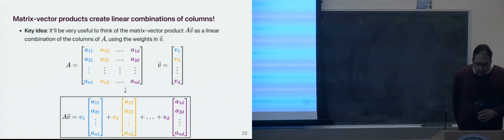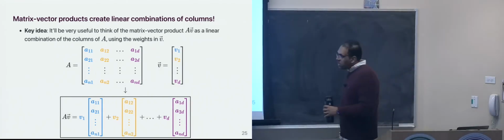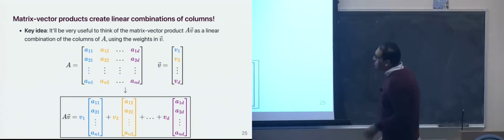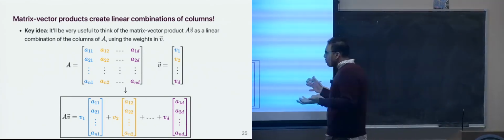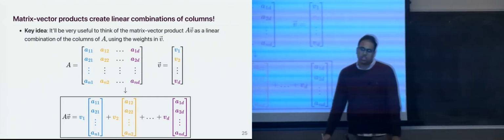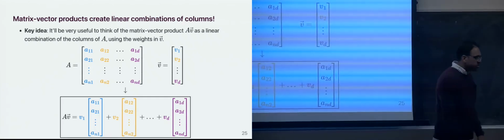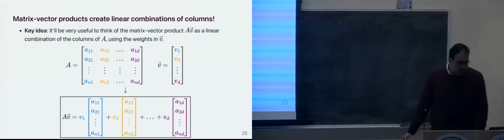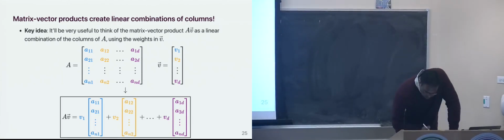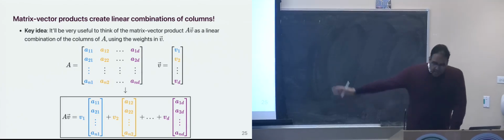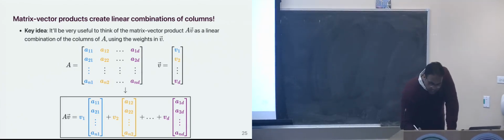Now, more generally, I want you to remember the fact that when you multiply a matrix by a vector, what you're doing is taking a linear combination of that matrix's columns. Here A has n rows and d columns, and V has d rows and 1 column.